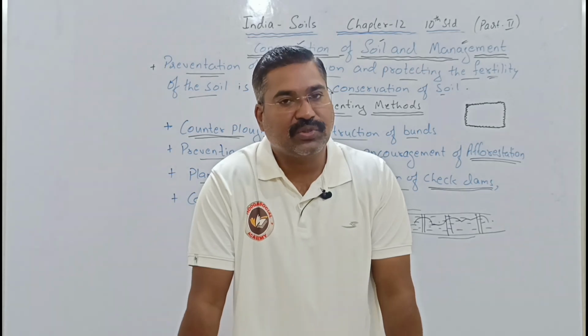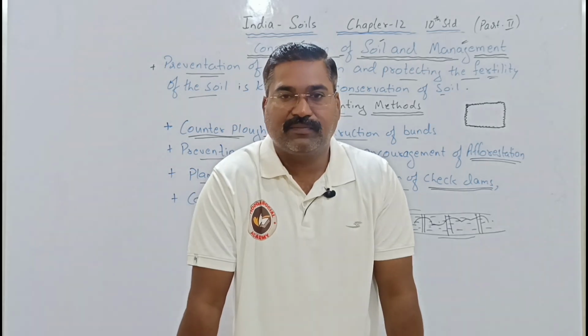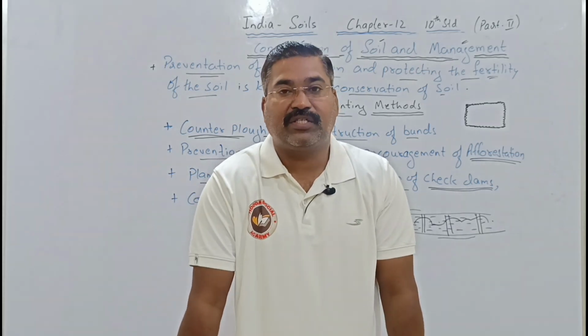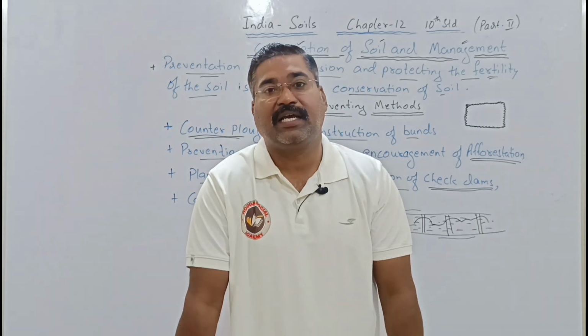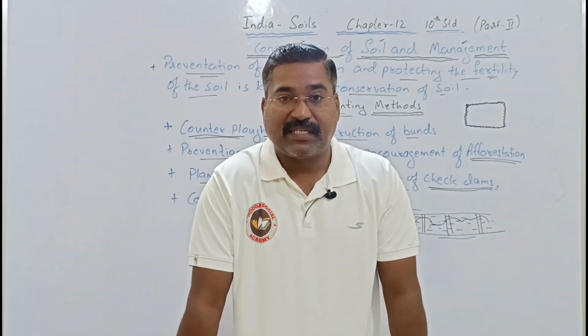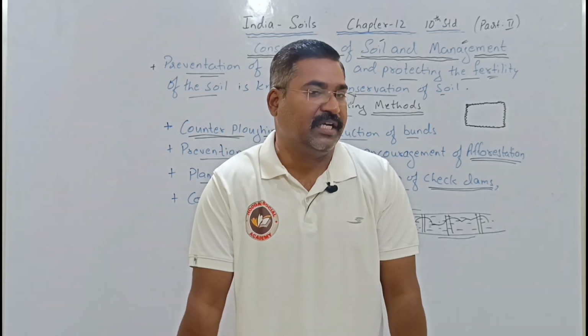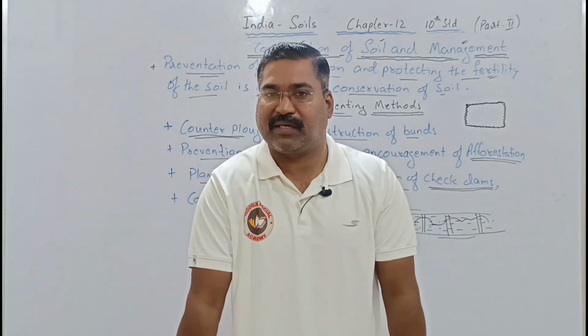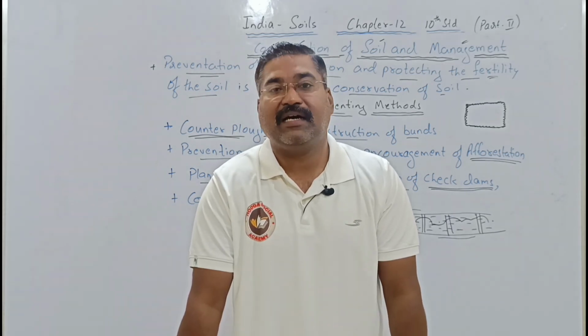So we have understood about soil erosion, the causes of soil erosion, the effects of soil erosion, and also the methods to prevent soil erosion. This is all related to chapter number 12, India and soils.